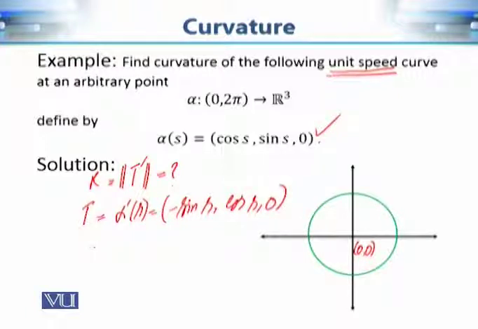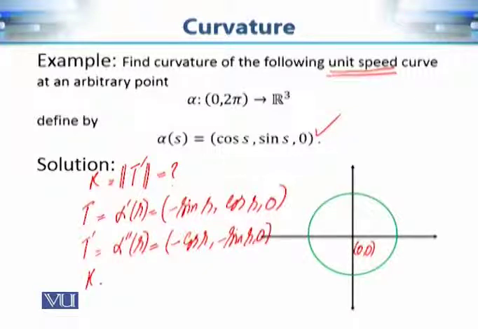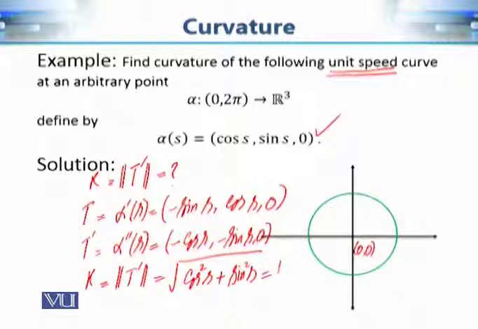Similarly, what is going to be t prime? Alpha double prime of s, which is equal to (minus cosine s, minus sine s, 0). In order to calculate the curvature, we want to calculate the magnitude of this t prime, which is going to be equal to the square root of cosine square s plus sine square s, and we know that this is equal to 1.